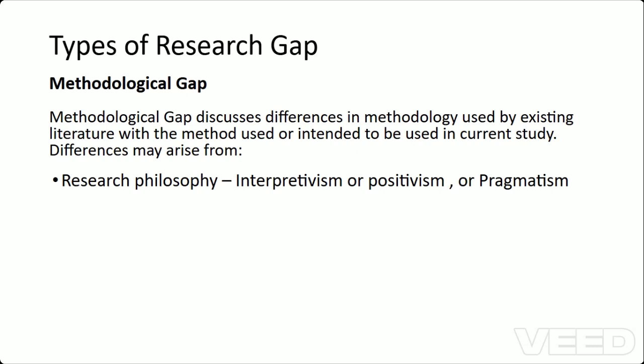So when you are looking at what other researchers have done and you are trying to see the research gap, you may look at the research philosophy they used. They might have used interpretivism or positivism or pragmatism. You may decide to use a different one.